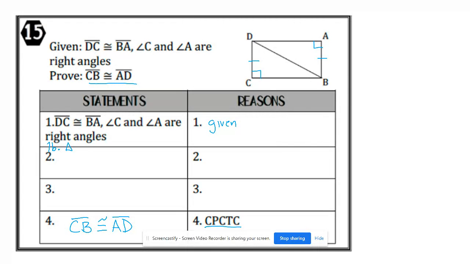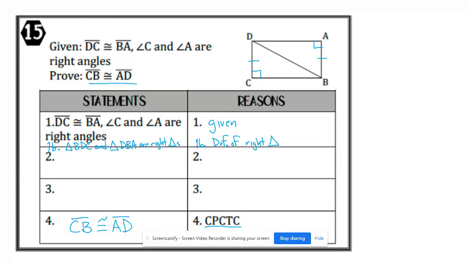And I just want to have a step that says that the two triangles, BDC and DBA, are right triangles. And you'll see why that's important in a second. My reason for that is definition of right triangle. I'm going to abbreviate that.